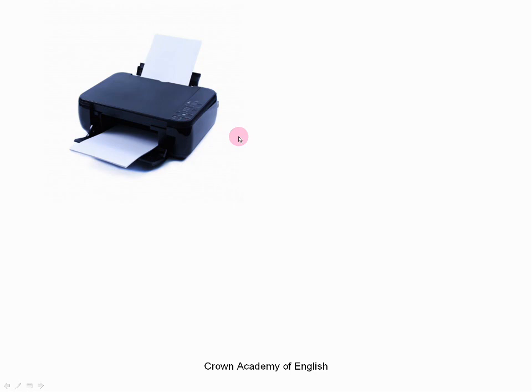And something else that we need with a computer, when we need to produce a document, we use a printer. So this is called a printer. And in the printer, we load the printer with paper.